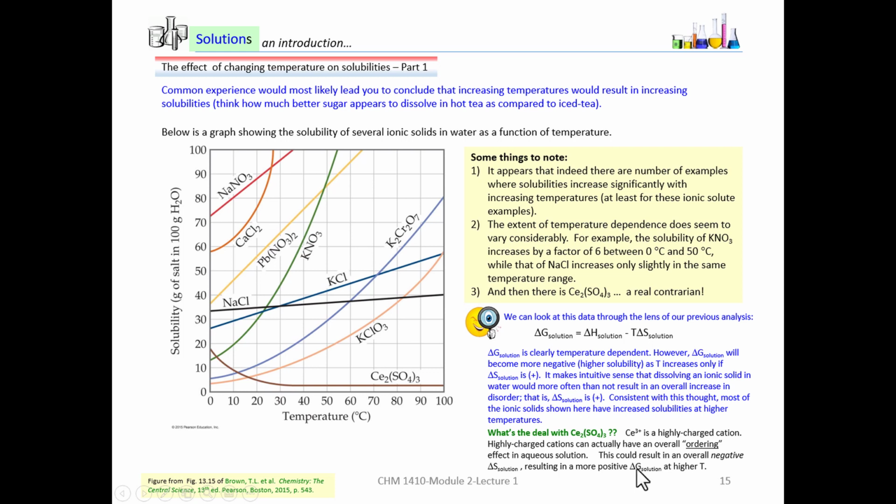The situation with cerium sulfate might be more complicated than this, just because you'll notice that there's kind of a strange temperature dependence.